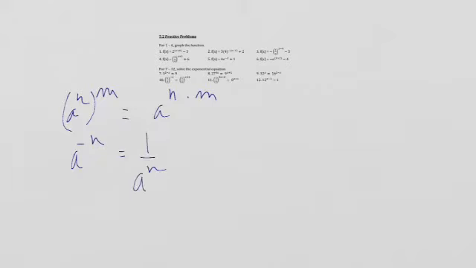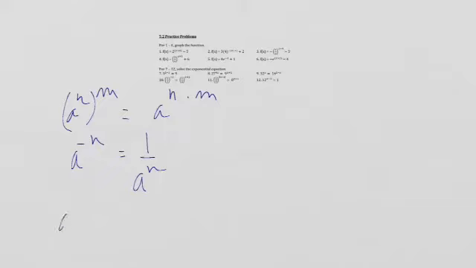And I would like to remind you of some of the rules of exponent. The first one is when you have a to the n to the m, it is equal to a to the n times m. When you have a to the negative n, it's equal to 1 over a to the n.